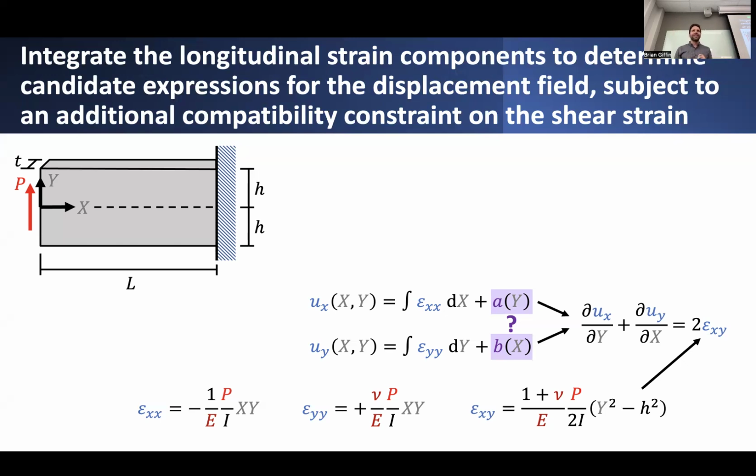So I recover epsilon XX. But if I were to try to compute the shear strain now, given these assumed forms for the displacement field, UX and UY, my shear strain field, remember what it was? What was the shear strain, at least in this two-dimensional case?